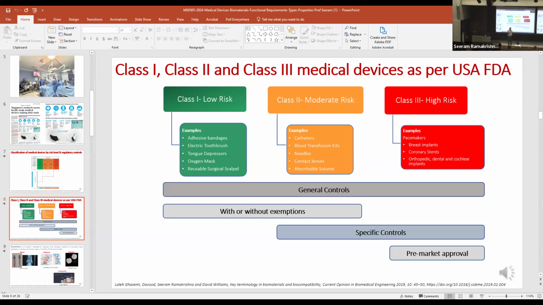And then special controls, especially if you're a class 3 device, require a lot more preclinical testing. That means before it is actually put in human beings, you have to go through an extensive protocol of testing. For example, a device you design for helping a heart patient has to be tested in volunteers. So volunteers have to be recruited properly.